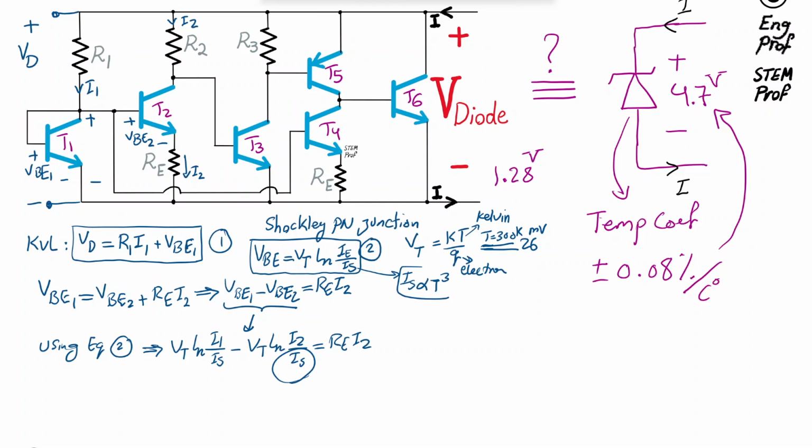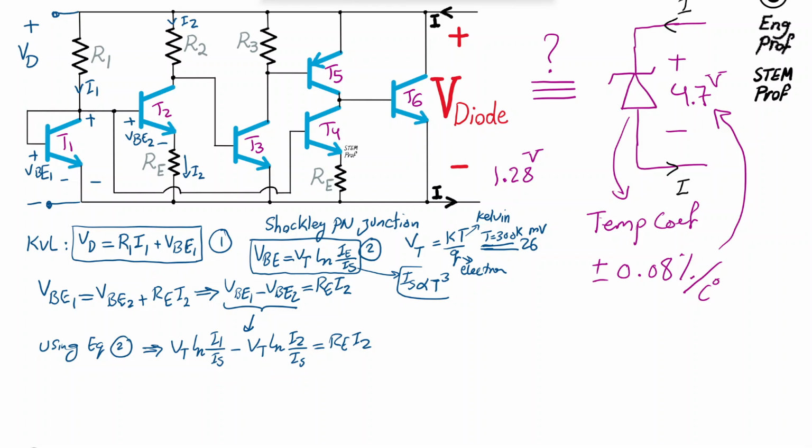The reason I use the same IS for the two transistors T1 and T2 is because we make the assumption that transistors are matched. At least the assumption should be valid for transistors T1, T2, and T3. So these transistors should be matched, which means they should be on the same substrate and have the same PN junction process and thermal properties, and therefore they have the same IS.